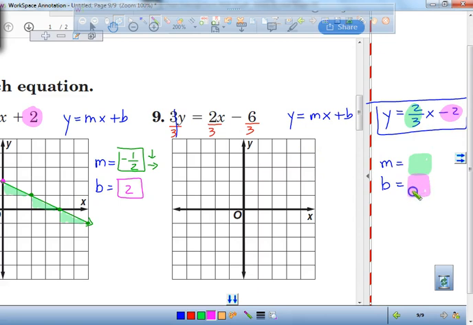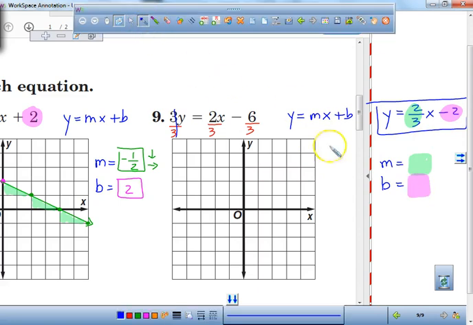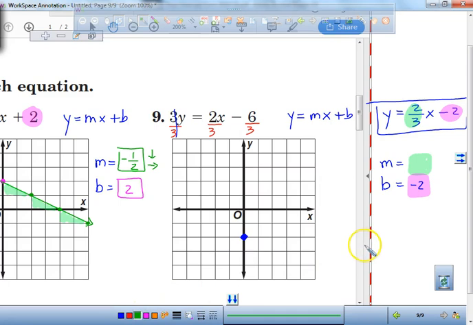So everybody, what is my y-intercept that I'm going to plot first? What's my y-intercept? -2, so right here. Right here, put a point. Okay? And what's the slope of this line? 2/3.